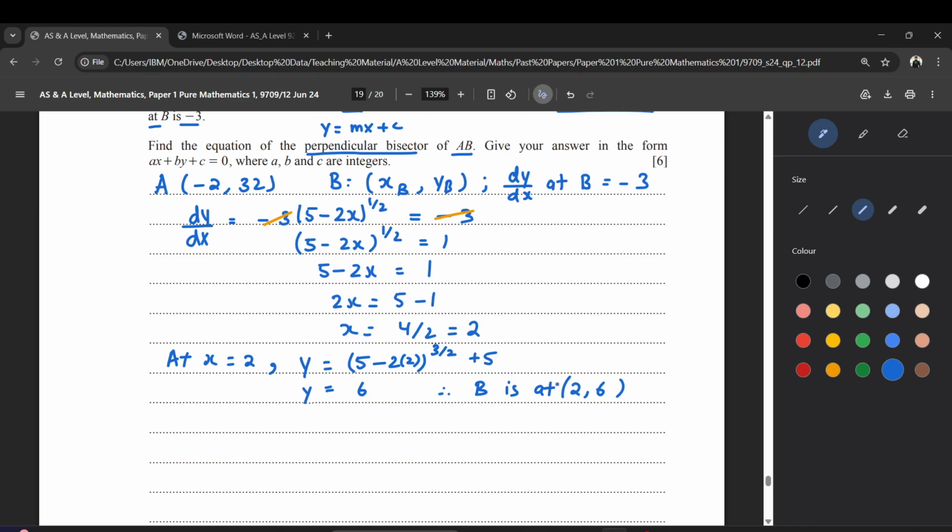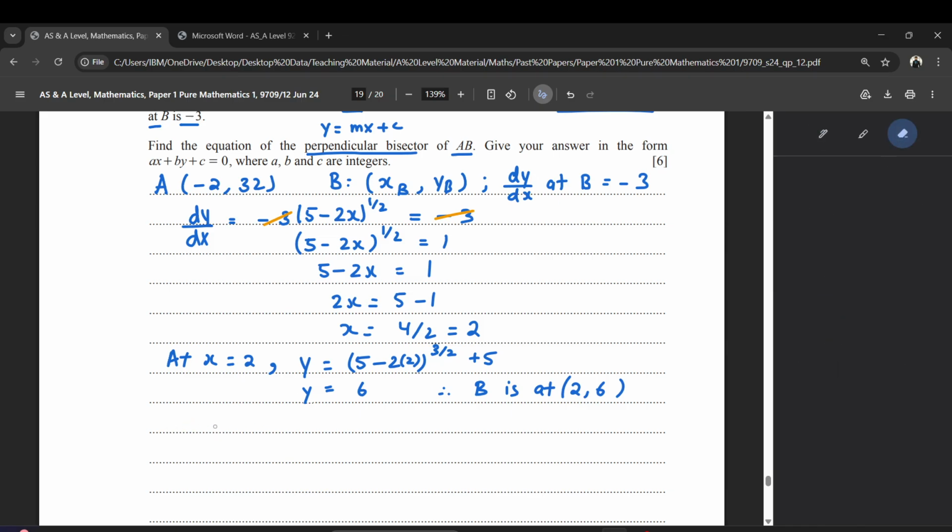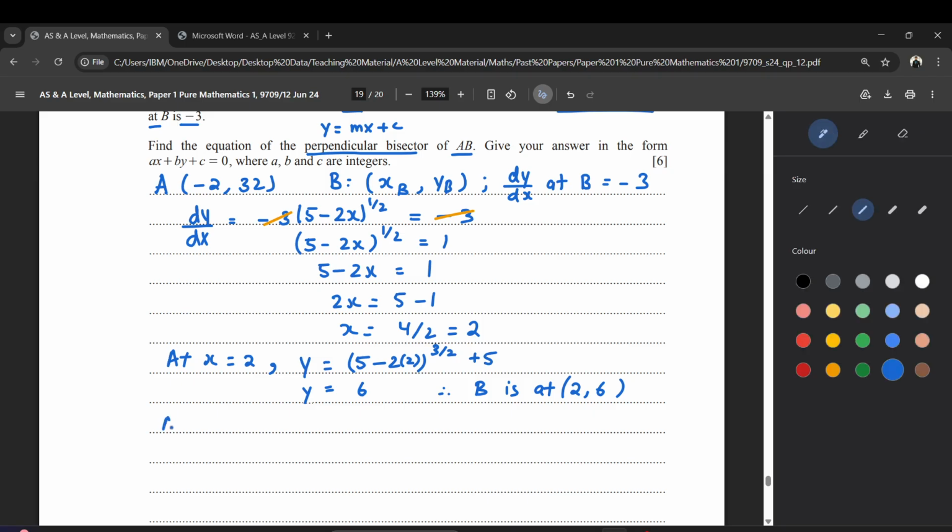Now that I have the coordinate of B, and I have the coordinate of A, I can find the gradient. So gradient of AB will be, let me first write down the coordinates again. A is (-2, 32), B is (2, 6).